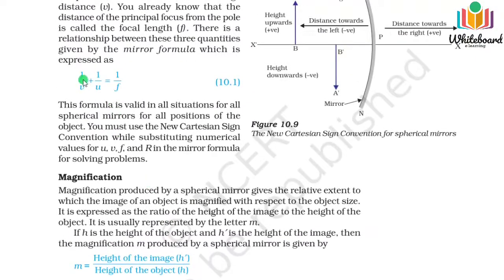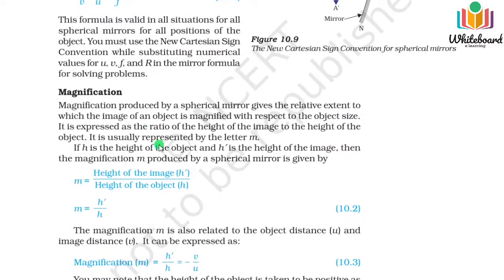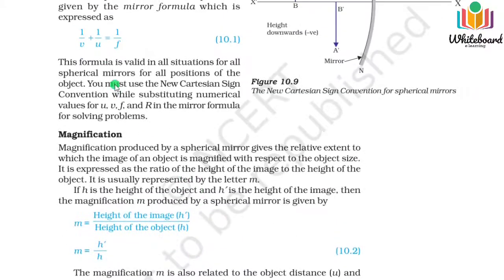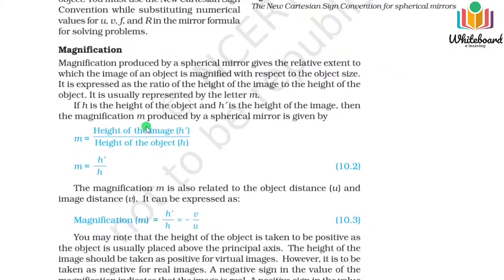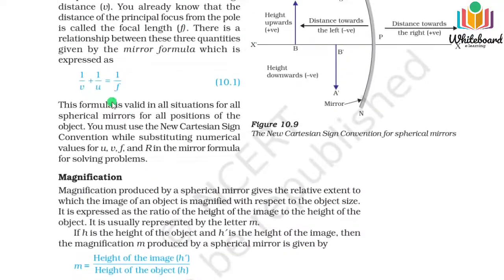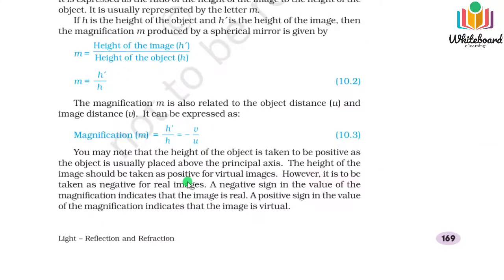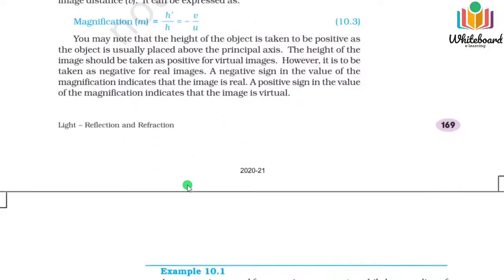You can see the plus sign is given here. For the lens formula, 1 by v minus 1 by u is equal to 1 by f, so it changes accordingly and the magnification will be plus v by u. If there is a plus sign in the formula, then the magnification will have a minus sign. If there is a negative sign in the lens formula, then the magnification is always v by u, with a positive sign. So keep this in mind.